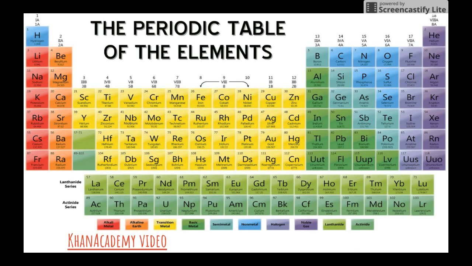Another thing to know is that there are 4 elements which are common to all organisms, and 96% of the human body is made out of oxygen, nitrogen, hydrogen, and carbon. So these 3 plus 1.